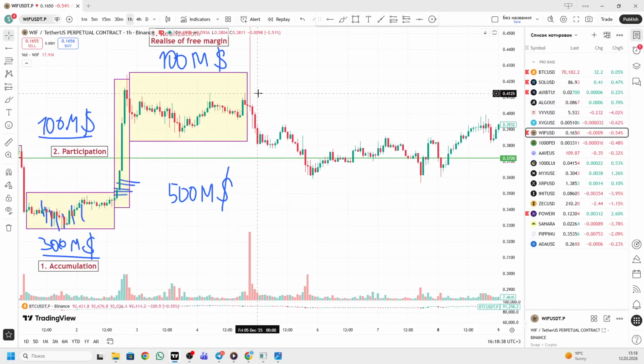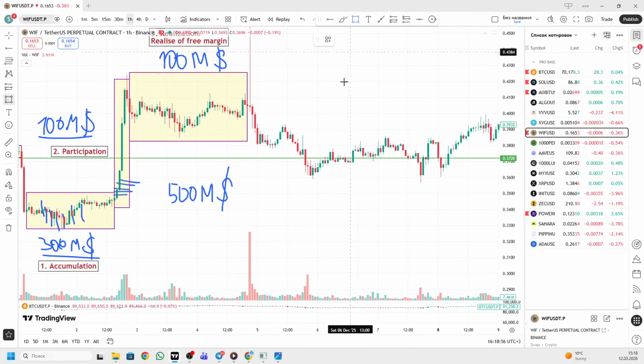First, the big player let the asset drop. You see here? Slightly down. Then the price stays here for a while. This is where he was freeing up margin.